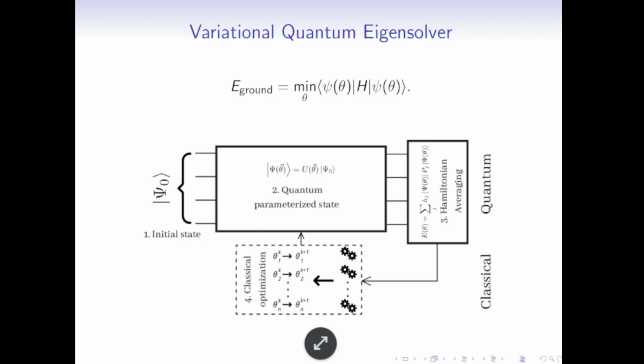If you change the parameter, you are essentially changing the state and going into a new state. And when you go into a new state, you perform the measurements and you again get a new energy. Now if the energy is lower than the previous initial state, then you are going in the right direction, right?